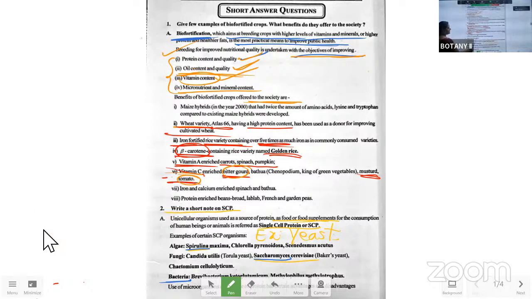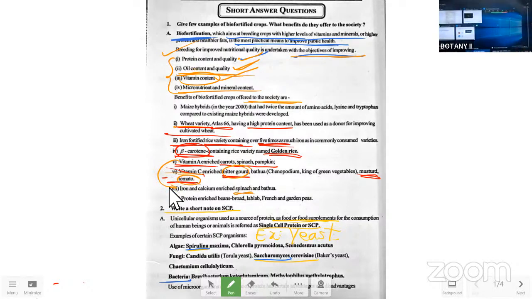Iron and calcium are enriched in spinach. So you can write the same thing over here also. Vitamin A is enriched in carrots, spinach, and iron and calcium are enriched in spinach, because vitamin A and iron and calcium are interlinked elements and vitamins.